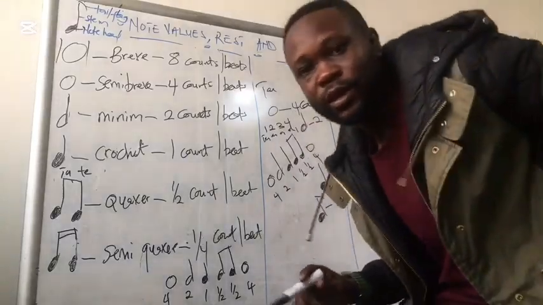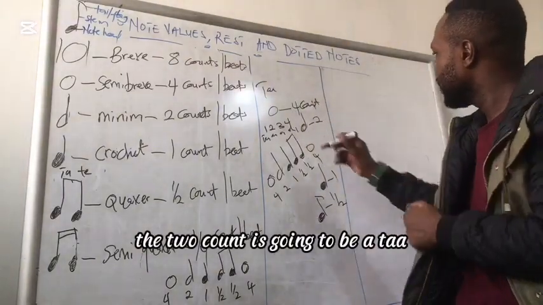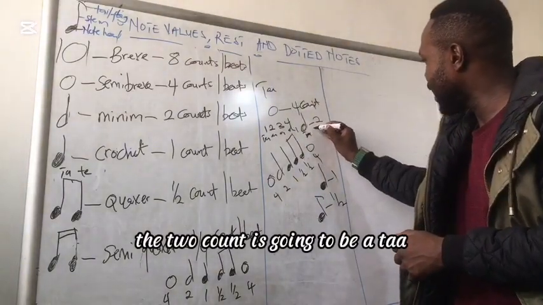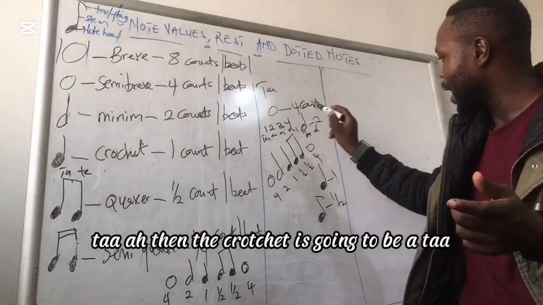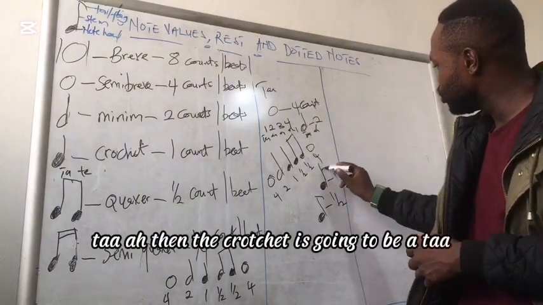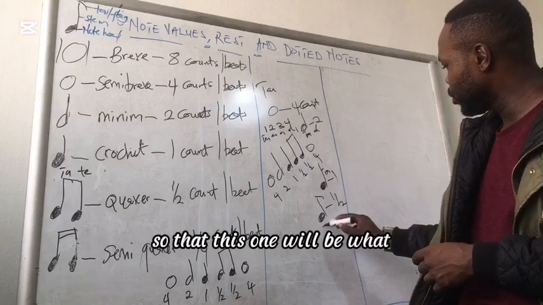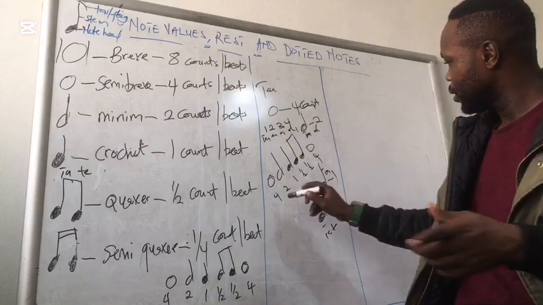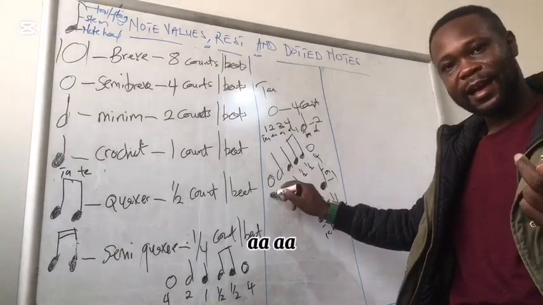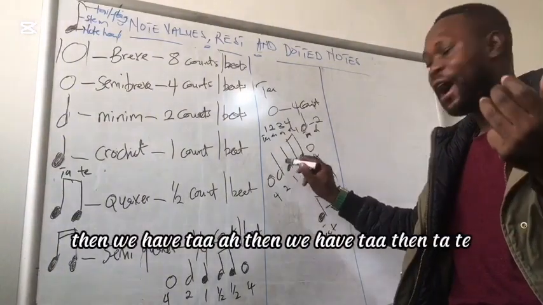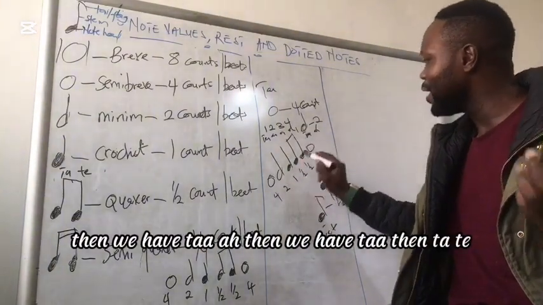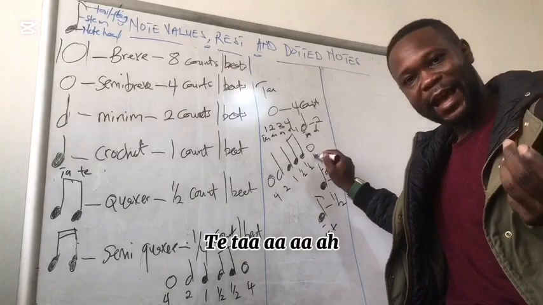The same thing. The 2 count is going to be ta, ta. Then the crotchet is going to be a ta. So that this one will be a ta and te. Ta, then we have ta, then we have ta, then ta, te, ta.